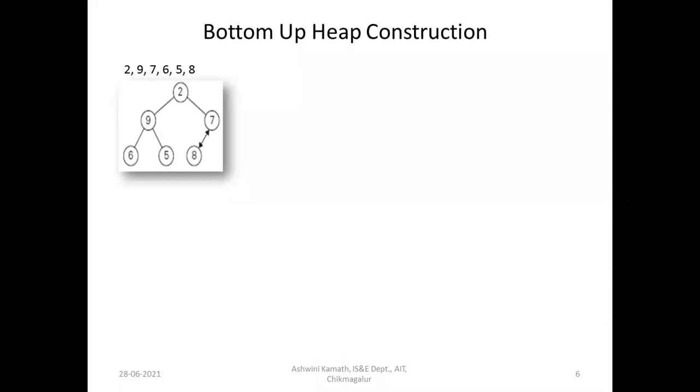Bottom up heap construction. Let us consider these values 2, 9, 7, 6, 5, 8. While considering these values, you can notice that we have created a complete binary tree while filling the values into the tree.